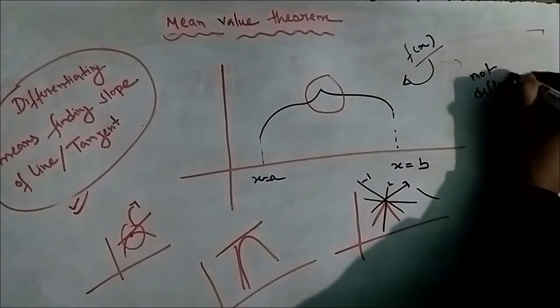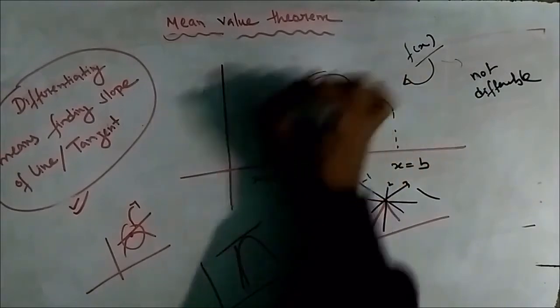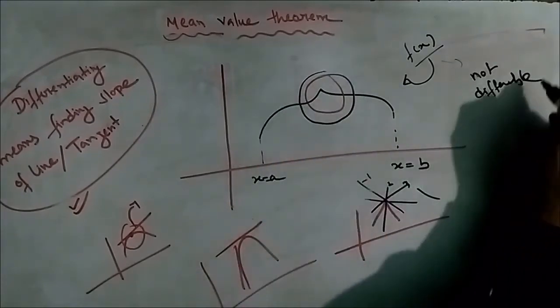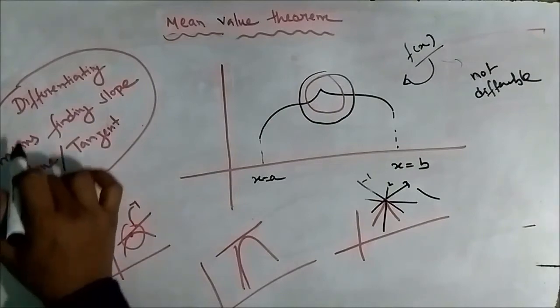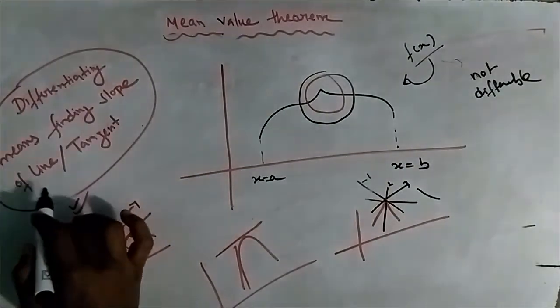As we cannot draw the tangent here, we are unable to find the slope here. If we cannot find the slope, we cannot say this function is differentiable, because differentiation means finding the slope of the line or tangent.